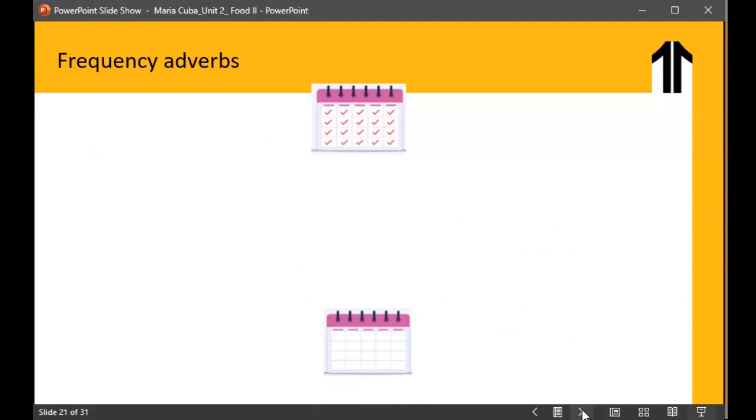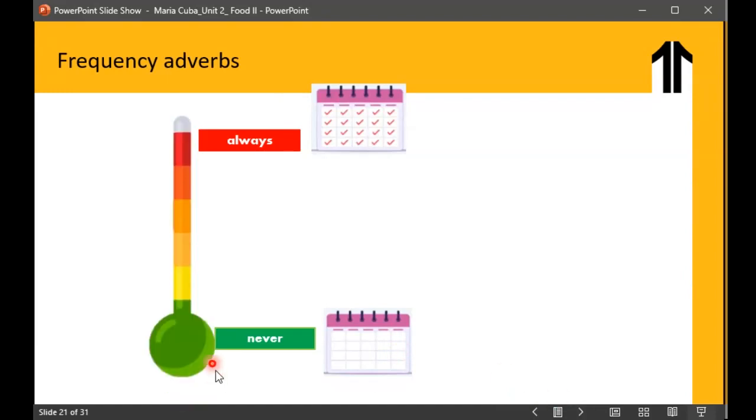And also, there are some frequency adverbs that you can use. For example, always or never. These are some frequency adverbs. And you mentioned, for example, sometimes.